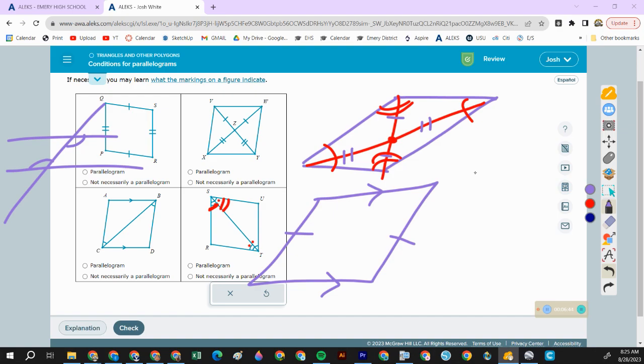Well, what about a trapezoid? Right? So if the top and bottom are parallel and these two sides are equal, does that guarantee that that second set of sides is congruent? No. So that would not be a parallelogram.